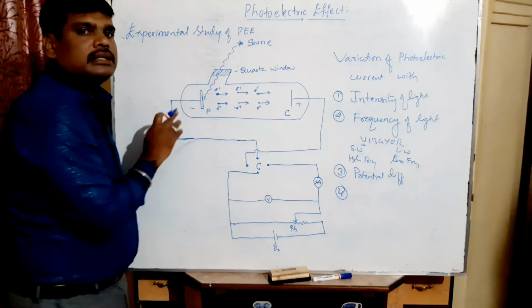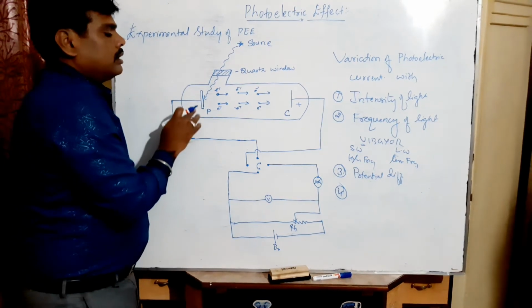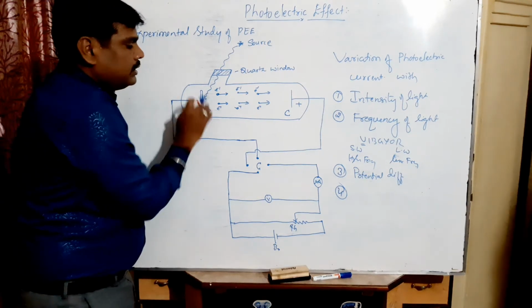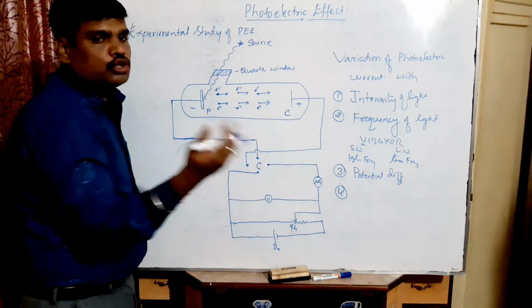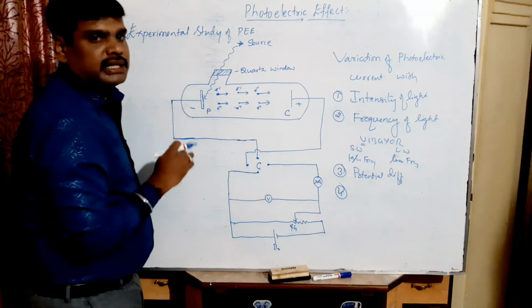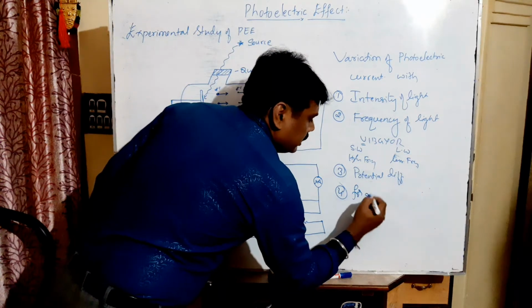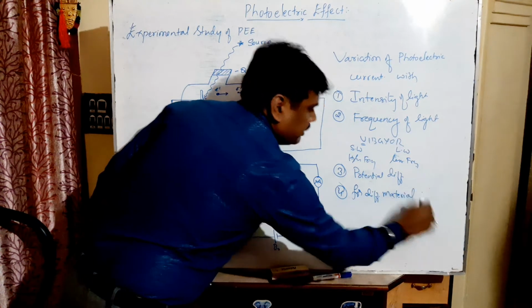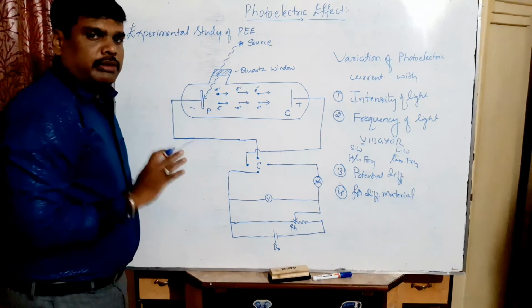All alkali metals are sensitive to visible light. Zinc and cadmium are sensitive to ultraviolet radiations. If I take different materials, how the photoelectric current varies can also be studied by the same experimental arrangement. That is why I take different photosensitive materials.